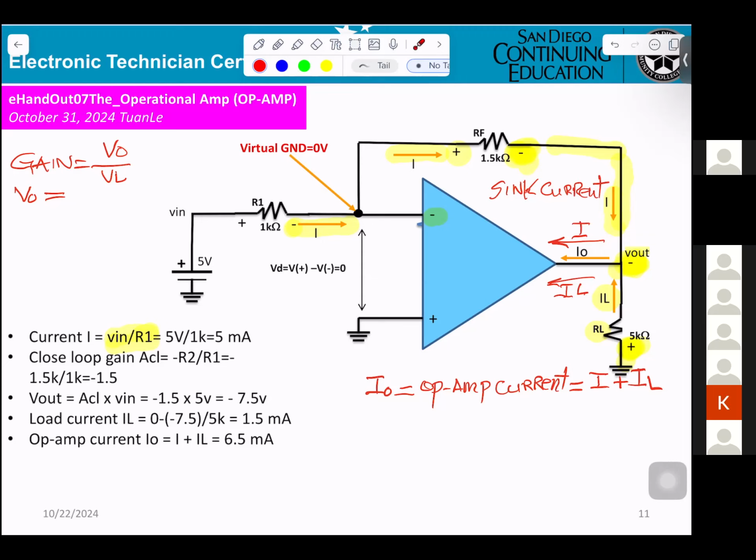So the other way, can you tell me what Vout equals? Remember, this is also a ground. So Vout will be equal to I times RF.